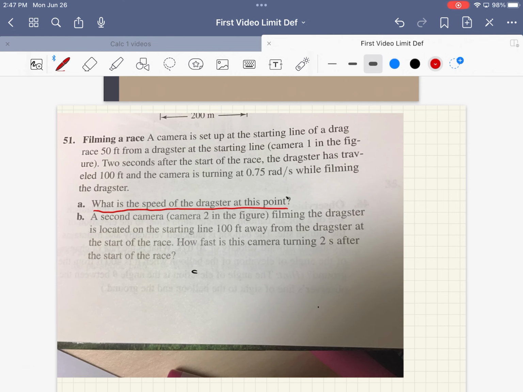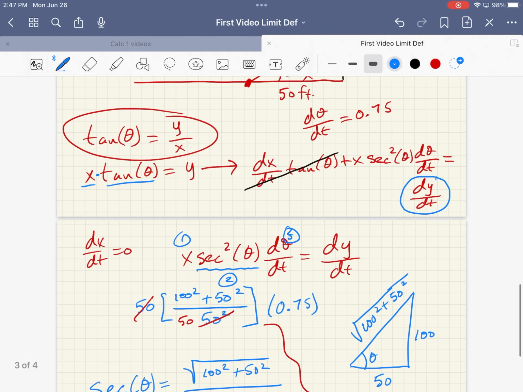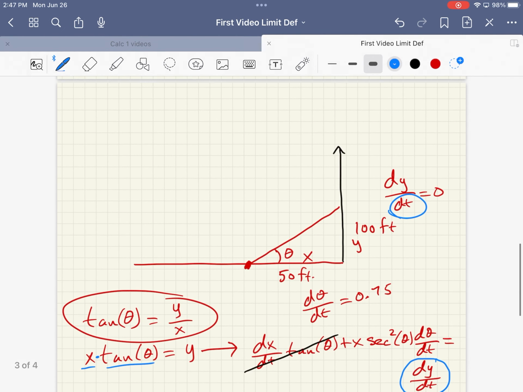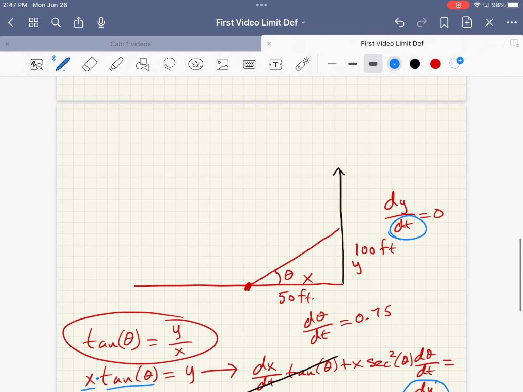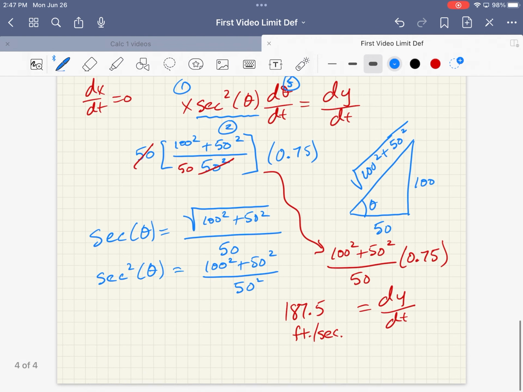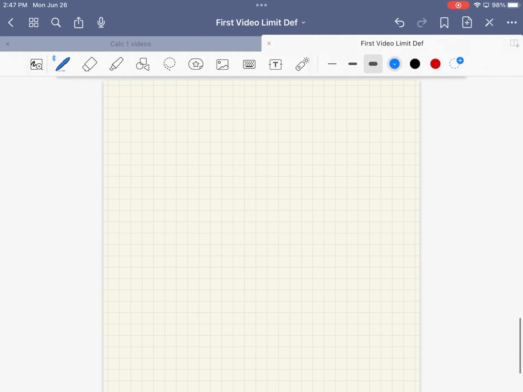Okay, now if we go back to the problem, we have a second problem here, and it says a second camera, which is located 100 feet from the dragster at the starting line, and it's asking how fast is this camera turning 2 seconds after the start of the race. So we have the same setup, but only now we're over here and we're looking at this same point here.